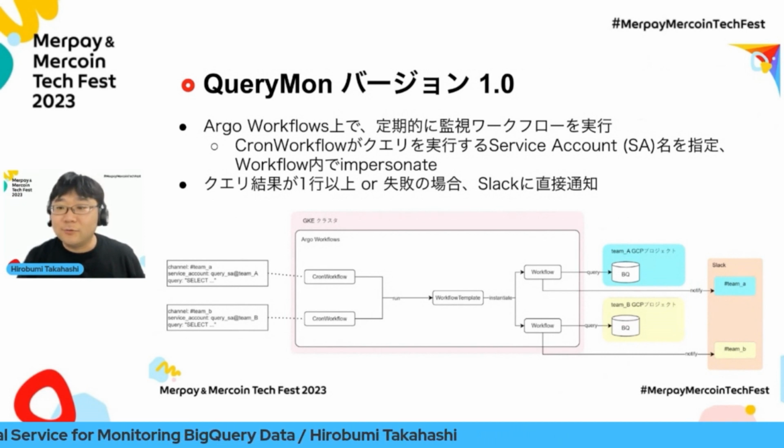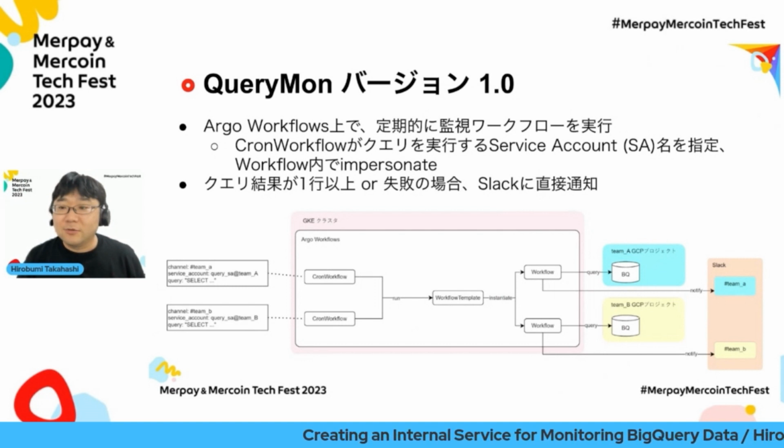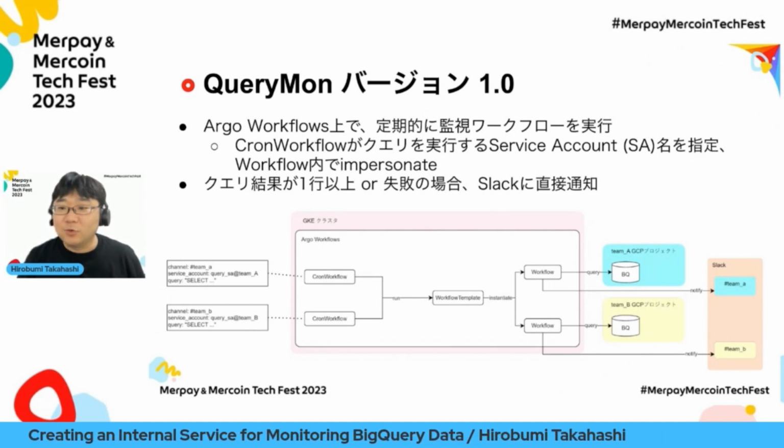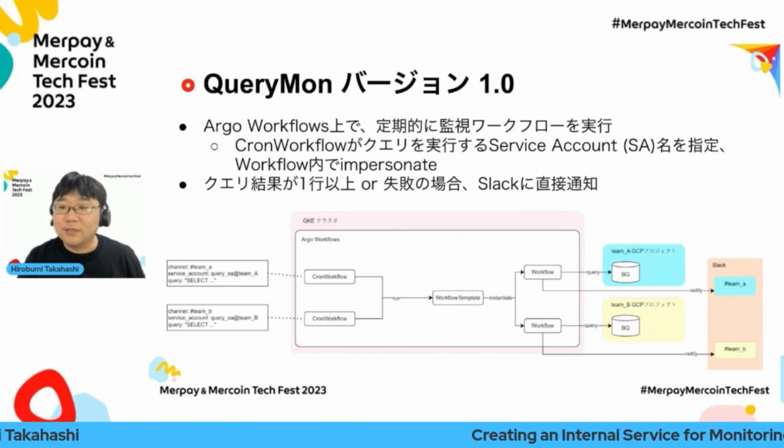The first version of QueryMon, 1.0, was deployed on Argo Workflows. A workflow template that manages the query execution process was prepared. The process takes a service account name, the query to be executed, and the Slack channel name to be notified as parameters.